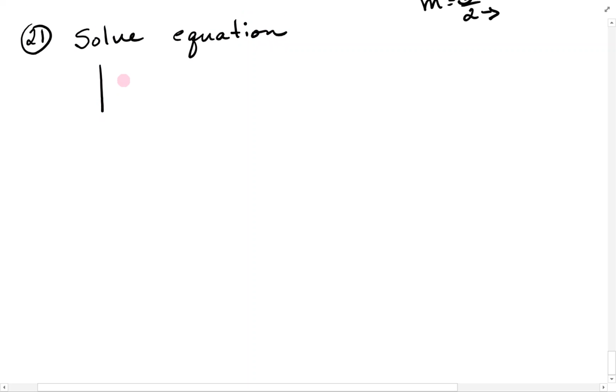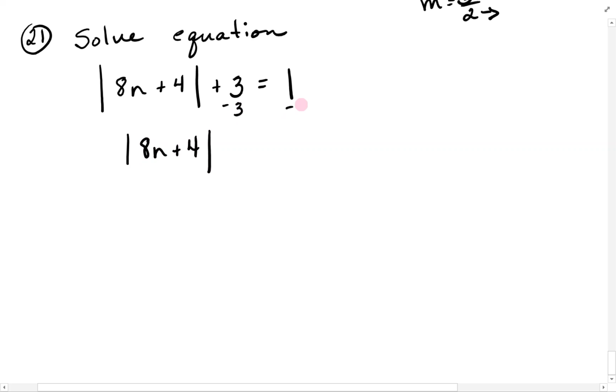We have absolute value of 8n plus 4, close absolute value, plus 3 is equal to 1. All right, before I can do anything with this, I need the absolute value isolated. So with 8n plus 4 isolated, I will have subtracted 3, and that gives me absolute value 8n plus 4 is equal to negative 2.